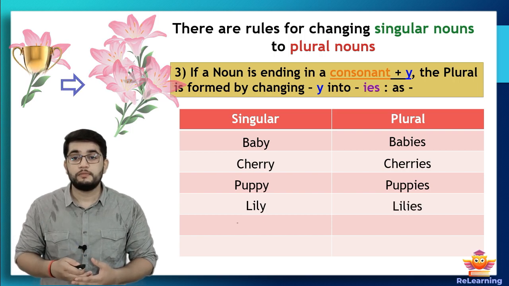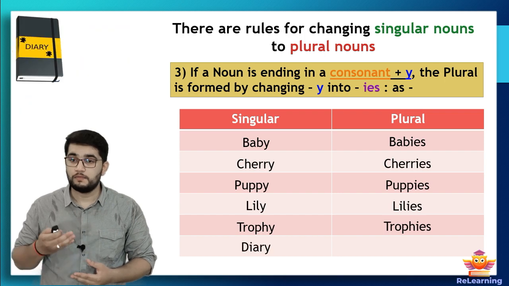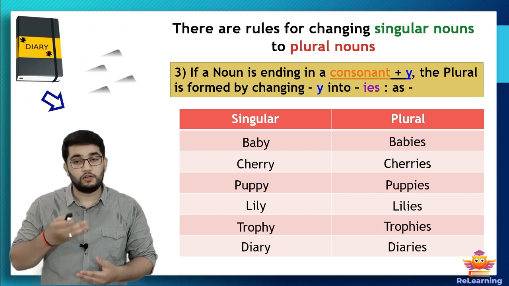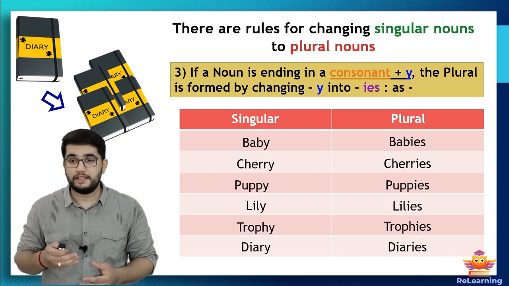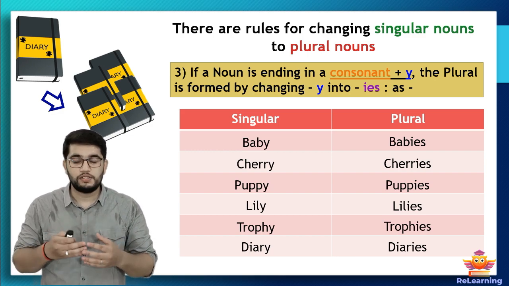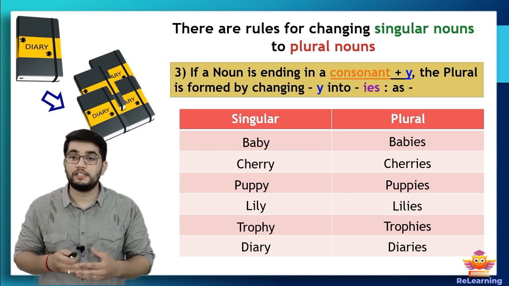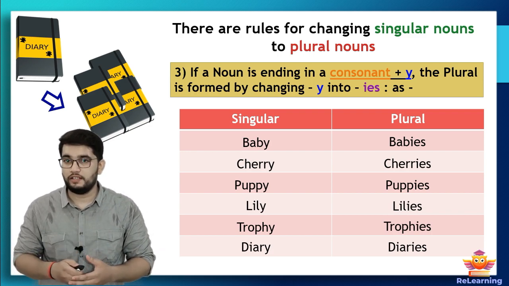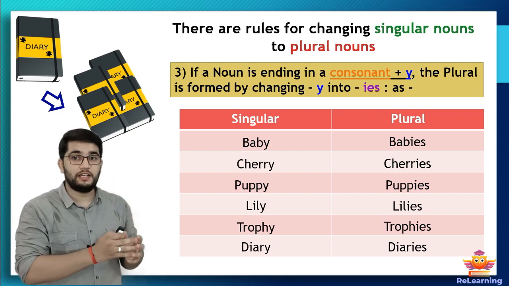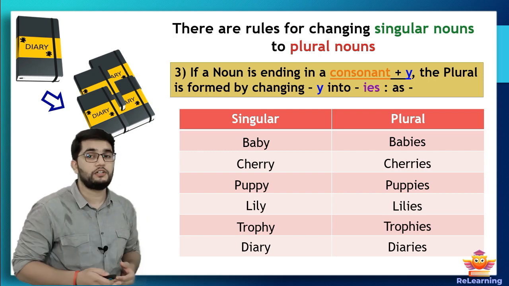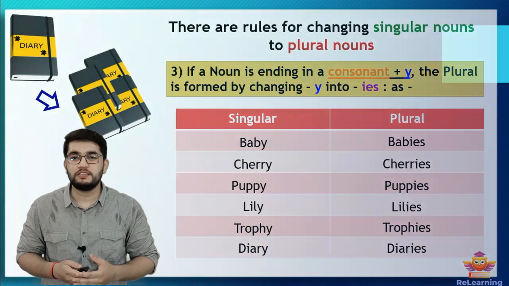Then trophy becomes trophies. Diary becomes diaries. In all the examples you can see we have changed the y into ies. Now by using the following rule, you can change the singular noun into plural by changing the y into ies. This rule is, if there is consonant plus y, then you have to change the y into ies. Getting it? Let's move on to the next one.